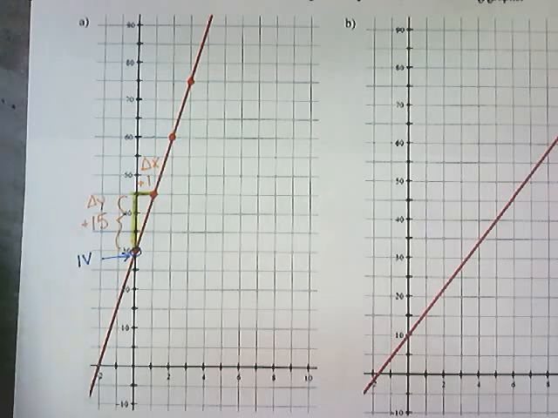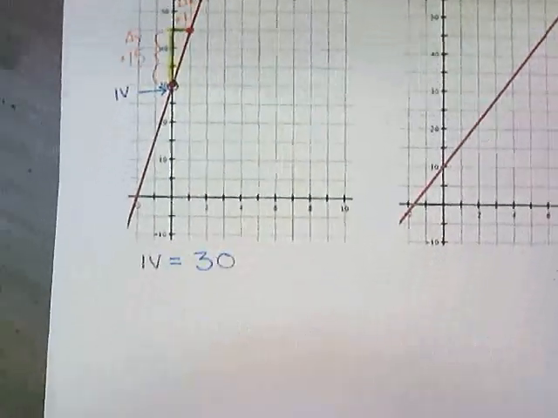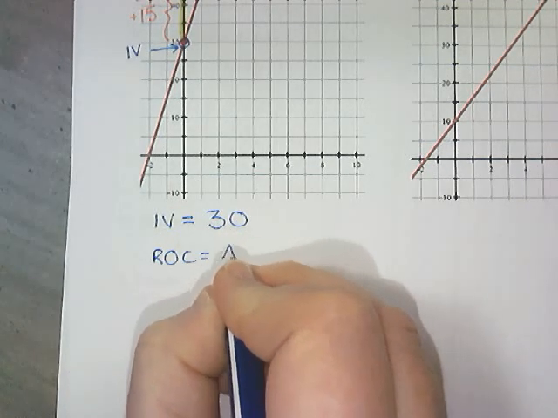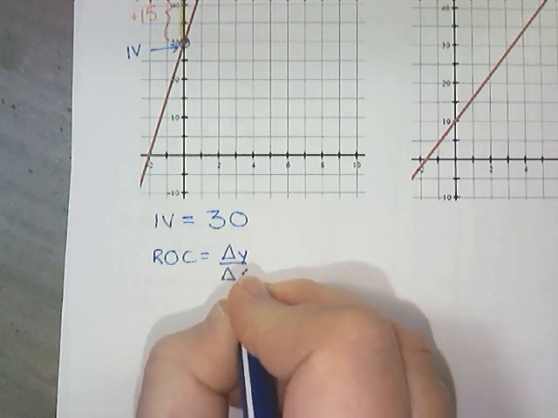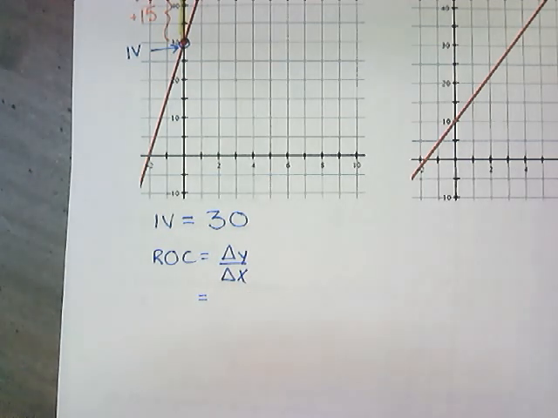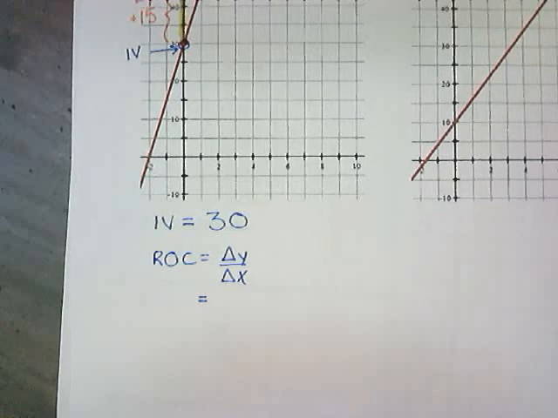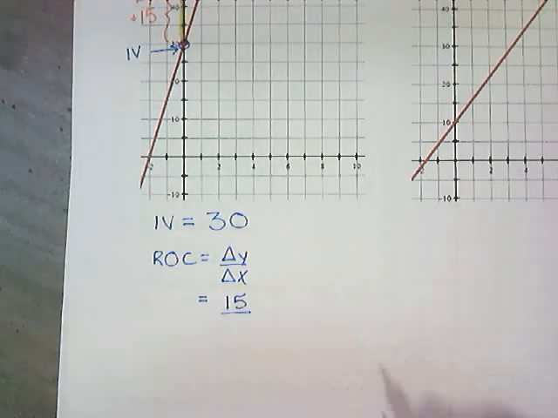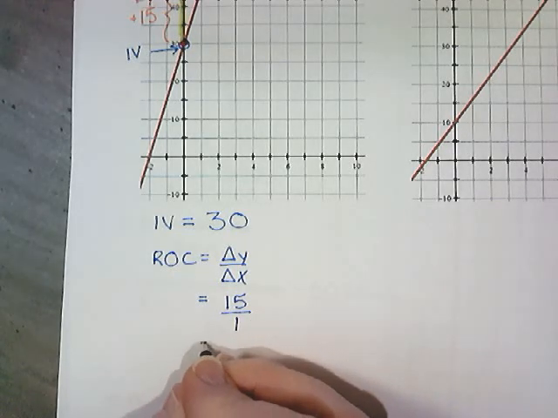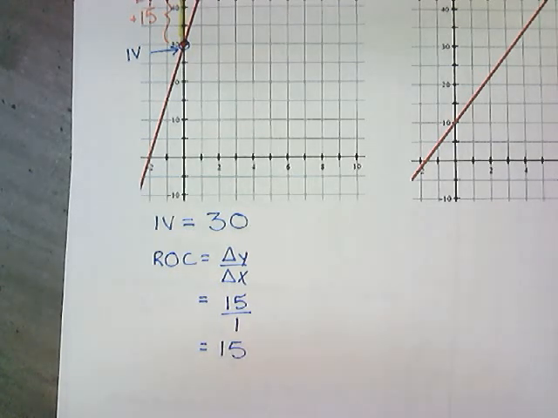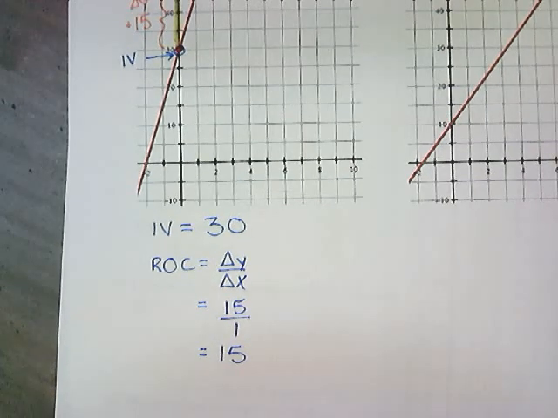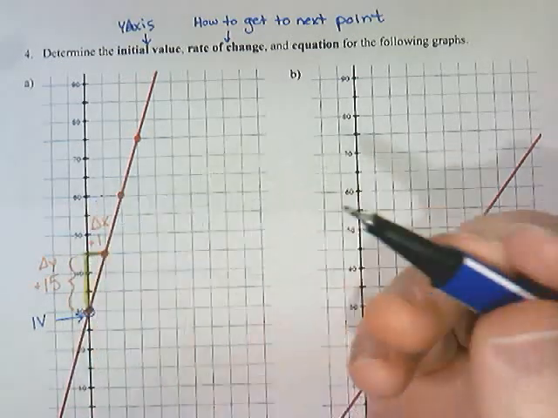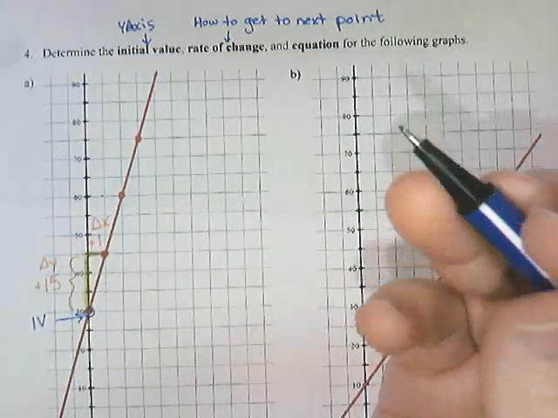So when I go to calculate my rate of change, I want to do delta y over delta x. My delta y is 15. I went up 3 squares, but there was a scale there, so I actually went up 15 units. So we went up 15 and then we went over 1. 15 over 1 is just 15. So my rate of change is 15. And it's always a good idea to check and make sure that it continues following that pattern, that I didn't pick a point that wasn't really a point, right?